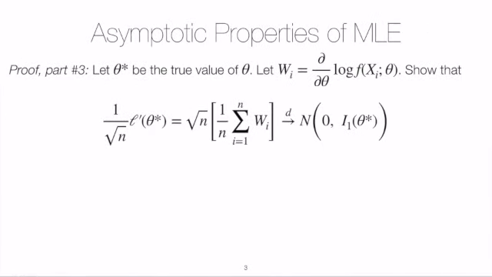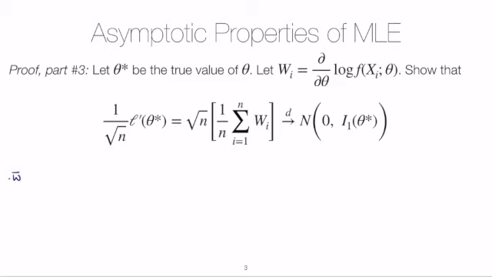Well, here it is. So let's show now, and I think we'll do it with this version, that this converges in distribution to a normal centered at 0 with variance Fisher information for a sample of size 1. So I think we'll basically want to use the central limit theorem.